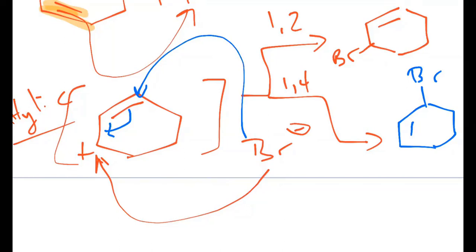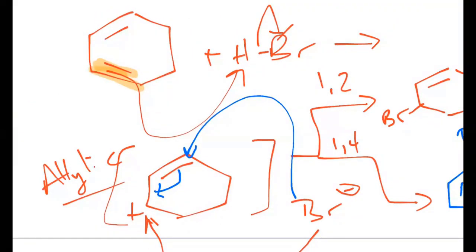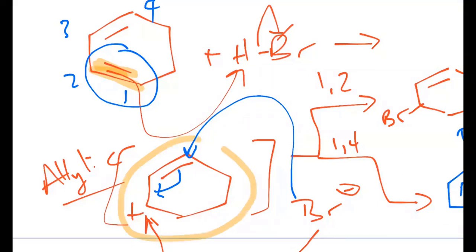Why is that the 1,4 product? All right, so when we look at the conjugated diene, if we're using this double bond, we can number it like this: 1, 2, 3, and then 4, right? So when I make the intermediate, which is down here, the plus charge is on carbon 2. Do you see that?